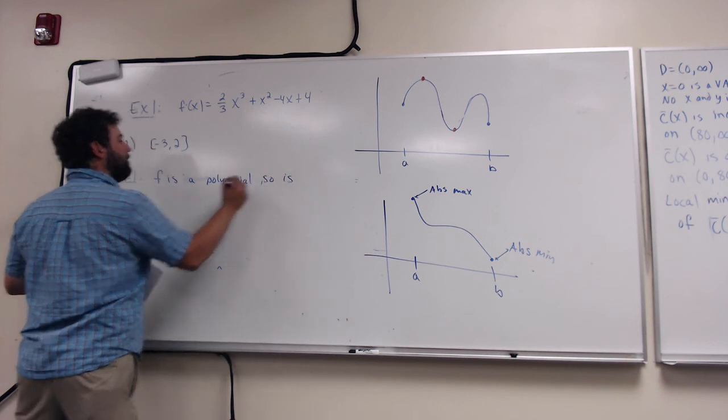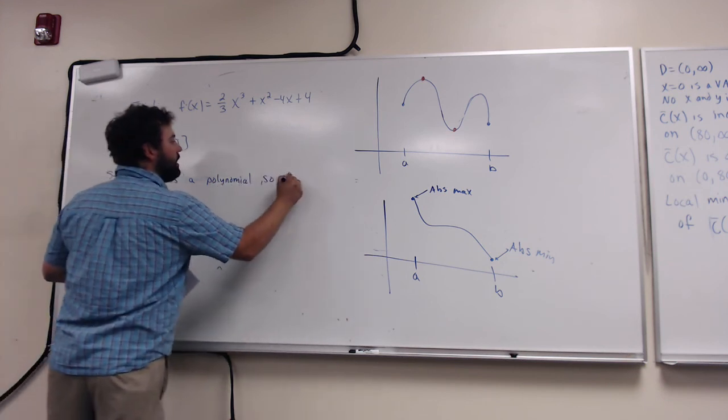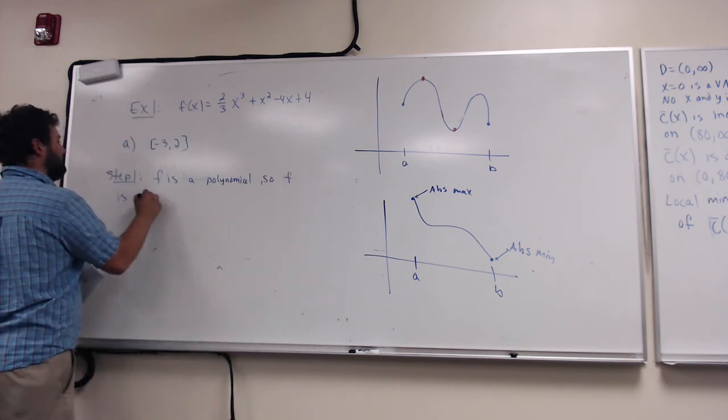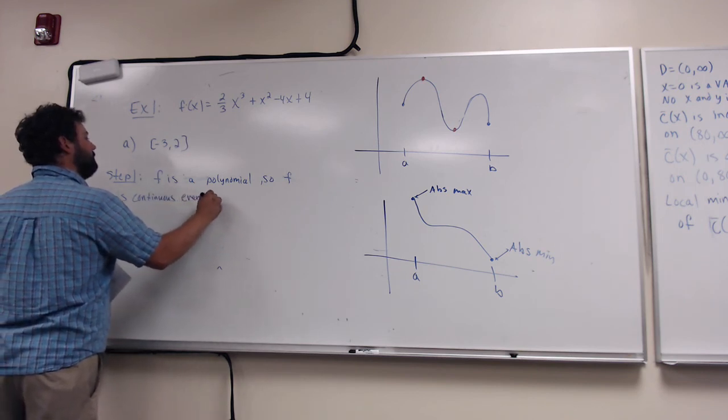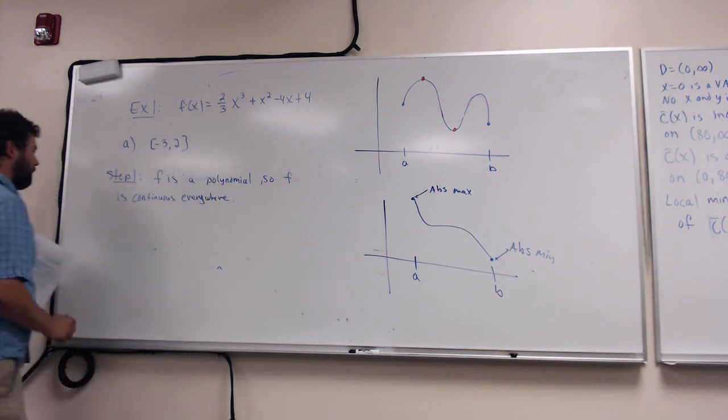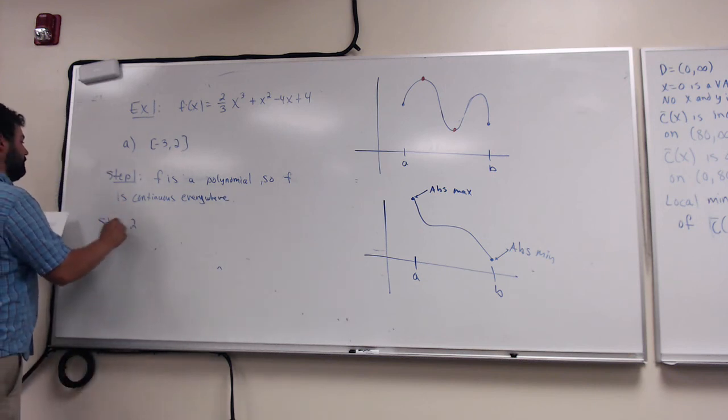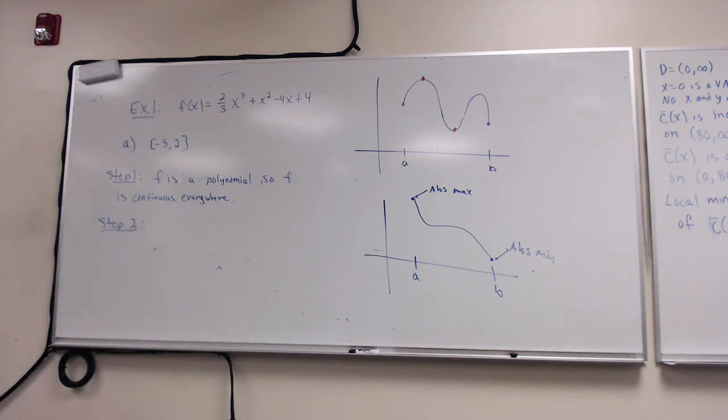So f is continuous everywhere. Okay. Step 2. Now it says to find the critical numbers in the open interval from -3 to 2.